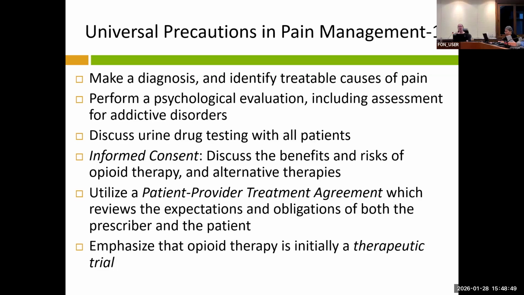I say, I'm going to be giving you opioids, and I've discussed the risks and benefits. So as a patient, I expect you to, and set that out. And then I emphasize that opioid therapy is a therapeutic trial.